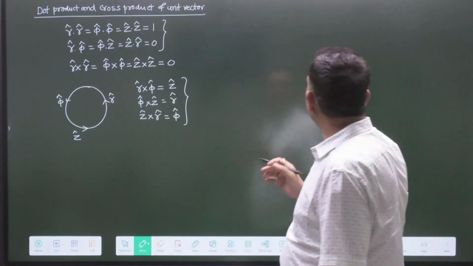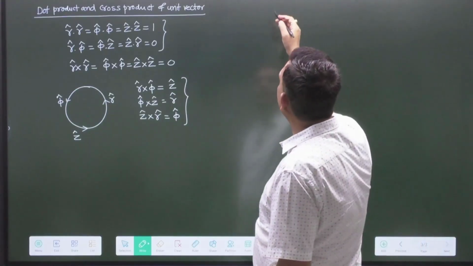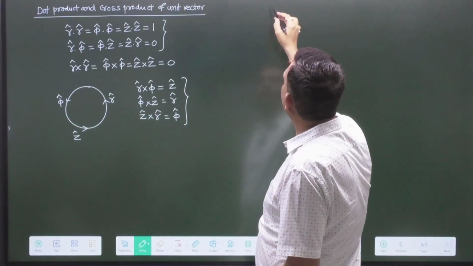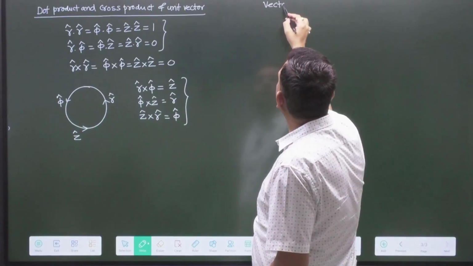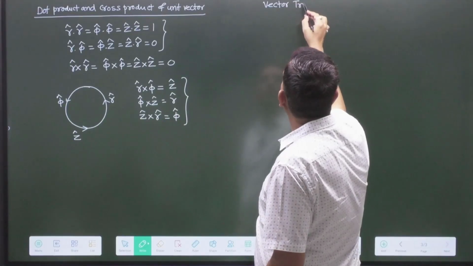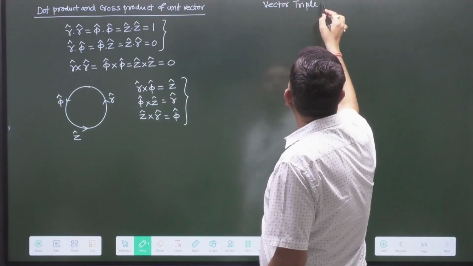Now, one another point is there. Let's define the vector triple product.